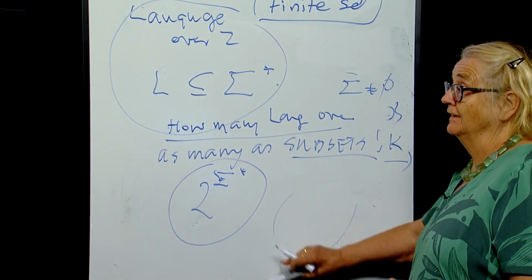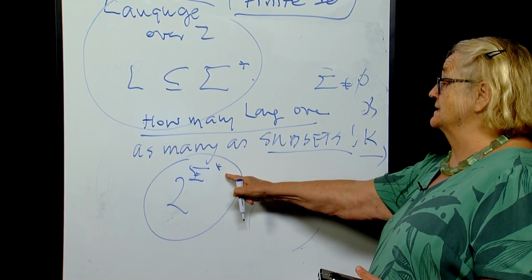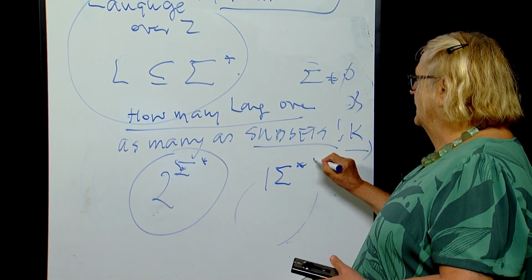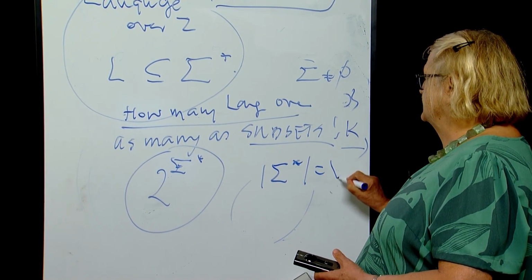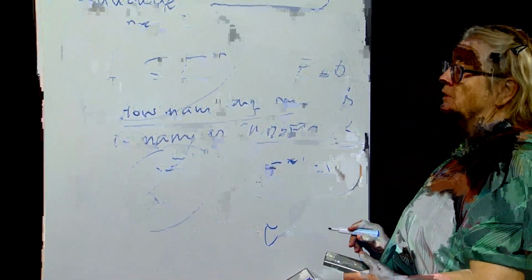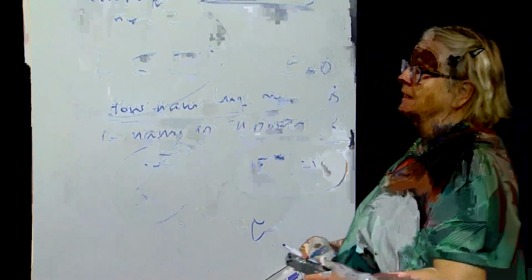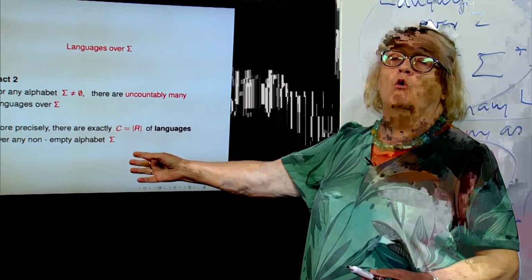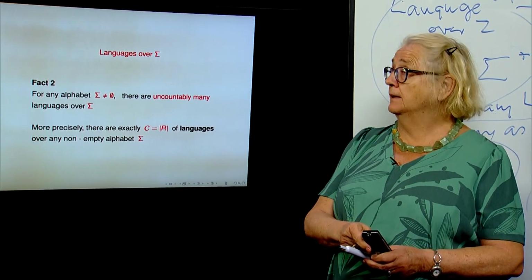And we know that sigma star has Aleph 0 elements, so this is as many as real numbers. So you have precisely continuum, as many as real numbers, of languages over any non-empty alphabet.